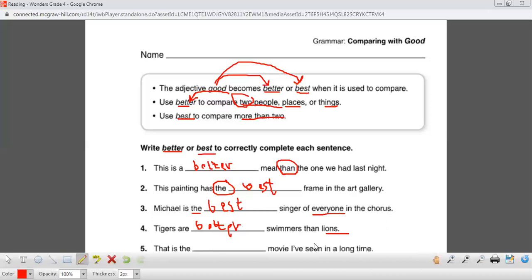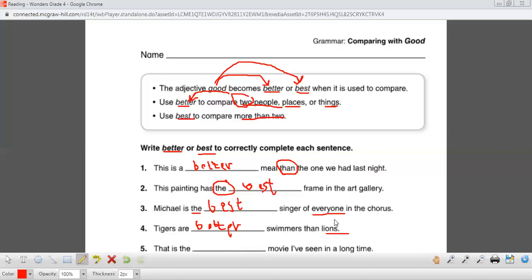Why did I choose better, not best, although I have more than two things? Because in general, I'm comparing two groups.